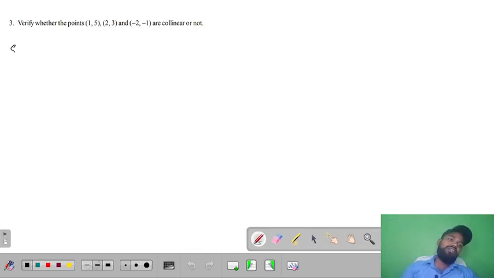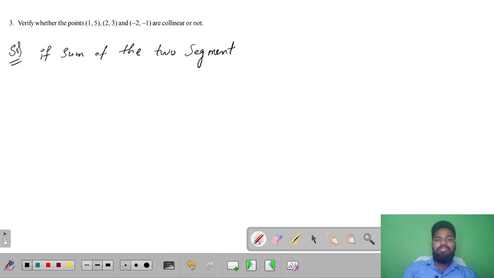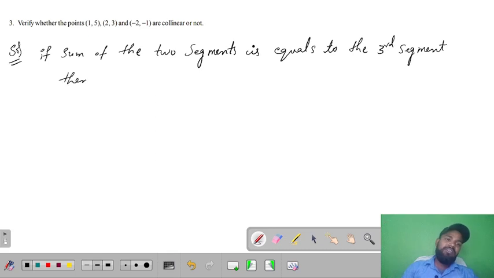Okay, solution I am writing here. Collinear means if the sum of the two segments is equal to the third segment, then the points are collinear.